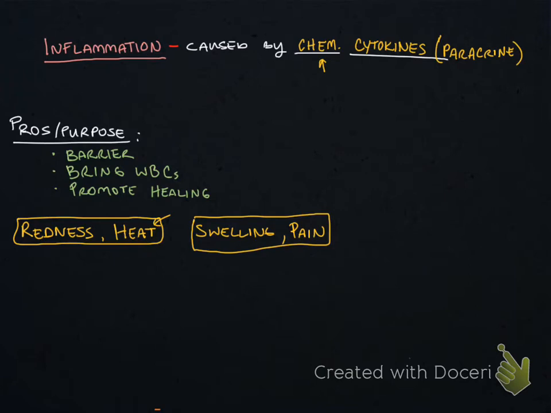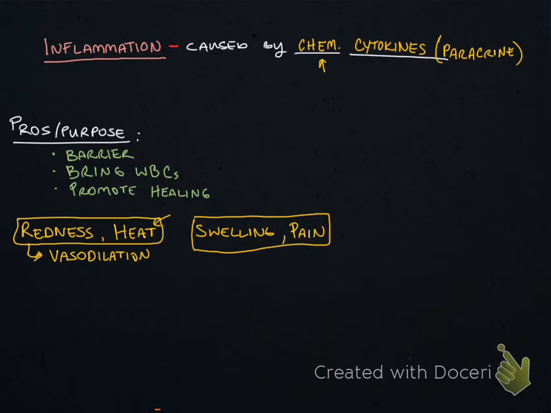Why does it get red? Remember, the blood is coming up and moving closer to the surface of our skin, essentially to release heat. And this is due to vasodilation. The same process occurs with inflammation.